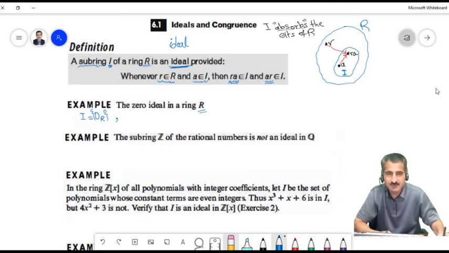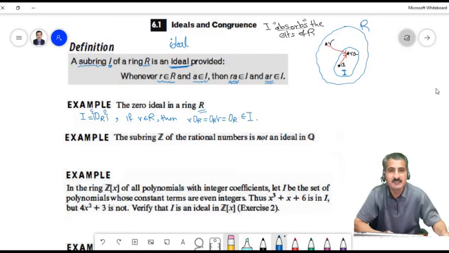This is true because if r is any element in the ring, then simply r times 0 equals 0 times r, which gives the 0 of R, and that belongs to I. If we choose any element from the ideal I, we have only here one element, which is the 0.